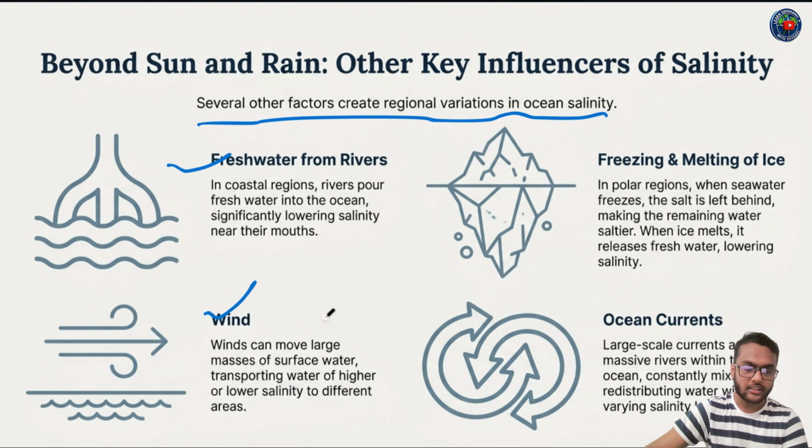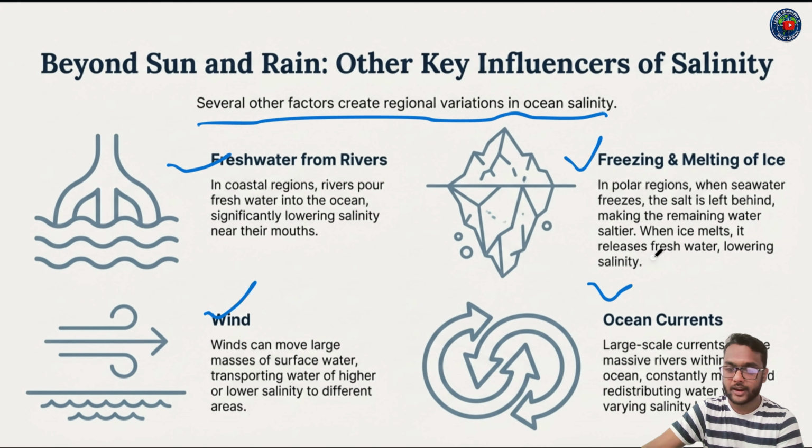Winds can move large masses of surface water, transporting water of higher or lower salinity to different areas. Then, freezing and melting of ice. In polar regions, when seawater freezes, the salt is left behind, making the remaining water saltier. When ice melts, it releases fresh water, lowering salinity. Then ocean currents: large-scale currents act like massive rivers within the ocean, constantly mixing and redistributing water with varying salinity levels.